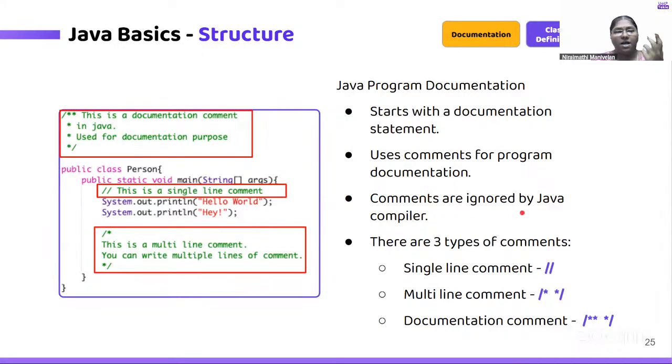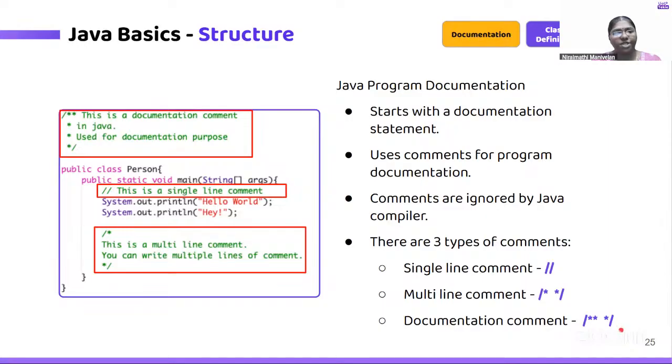Once the compiler checks these symbols, like the double slash, it will understand it's a comment and ignore it. It will not process a comment. Only the instructions of a Java program will be processed by a compiler. There are three types of comments: single-line comments, multi-line comments, and documentation comments.